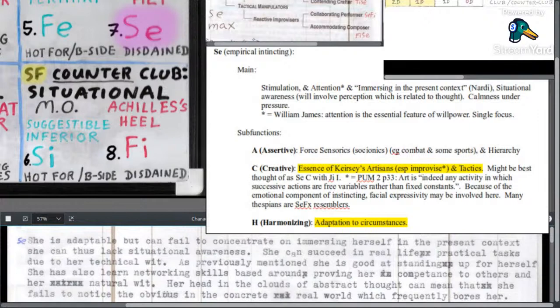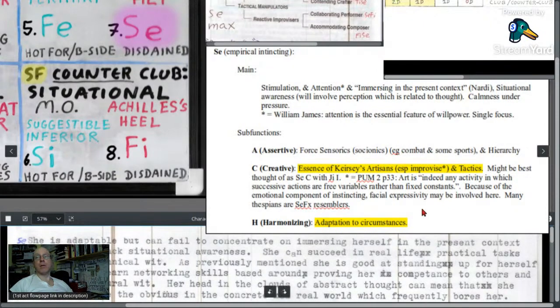She has also learnt networking skills based around proving her competence to others and her natural wit. Her head in the cloud of abstract thought can mean that she fails to notice the obvious in the concrete real world, which frequently bores her. There we go. So SE.